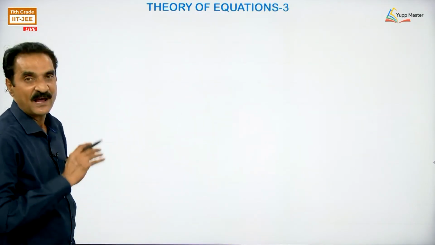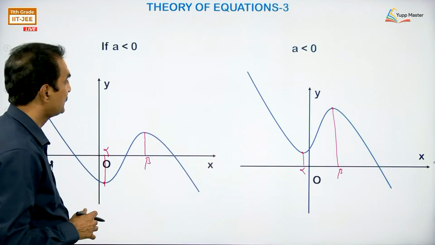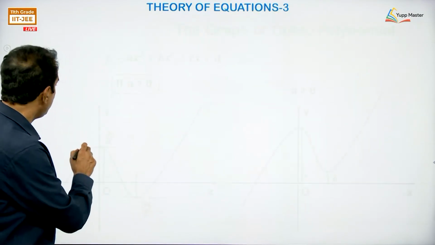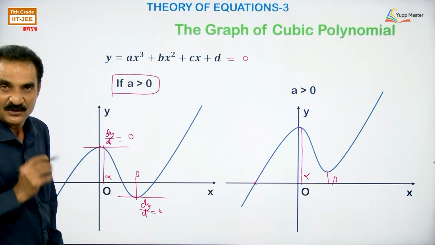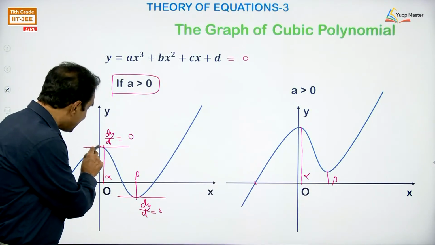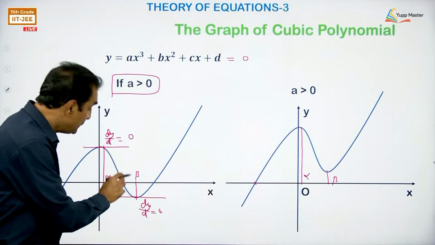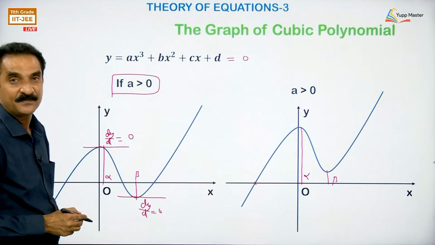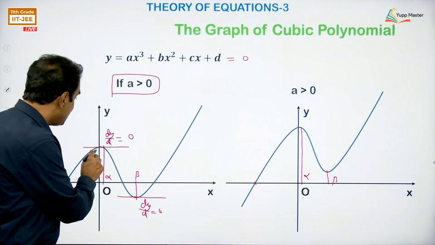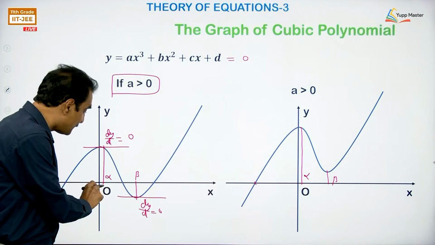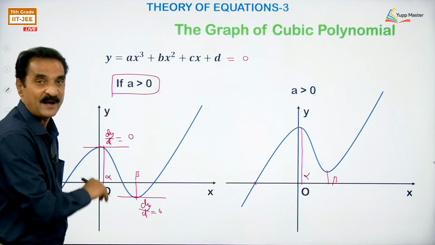Now let us come to the actual point. When the graph is like this, you can notice that the maximum point is above the x-axis, the minimum point is below the x-axis. What does it mean? The value of the function is maximum at x is equal to alpha, but what is the actual maximum value?